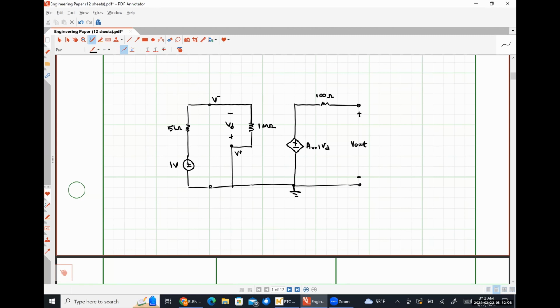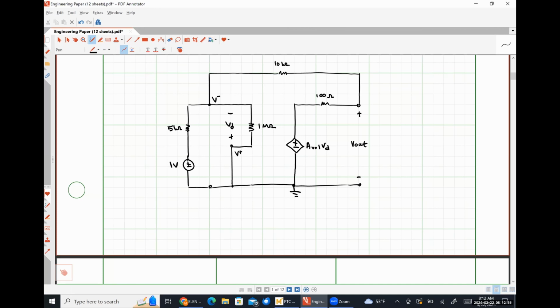And now I have my feedback loop, which is my 10 kilo ohm resistor connected between my inverting input terminal and my output terminal, like so. All right, so this is the circuit that we're going to be analyzing to find all of our different quantities.